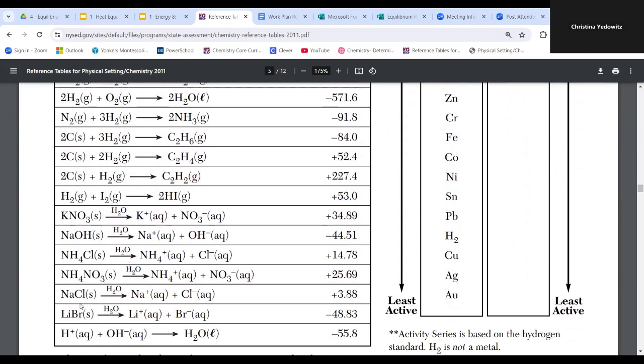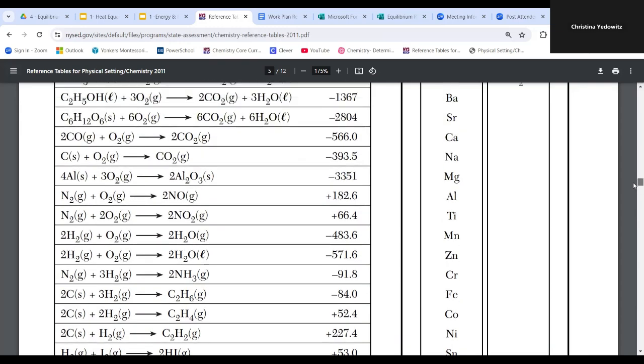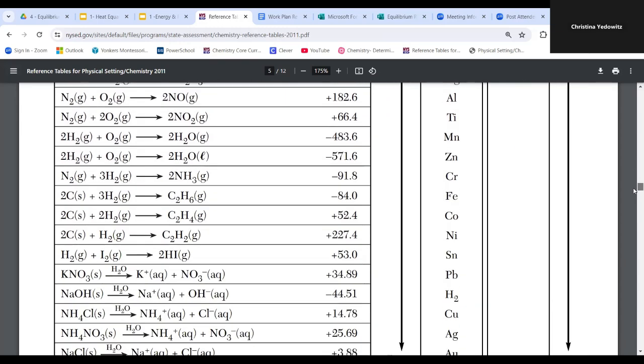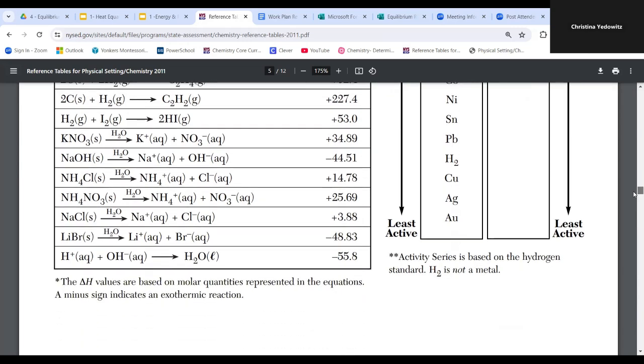Right, so here's the reaction to break salt into pieces. That's endothermic. Do I have the reaction for putting salt together? Weird. All right, here's the reaction for breaking up ammonium chloride.